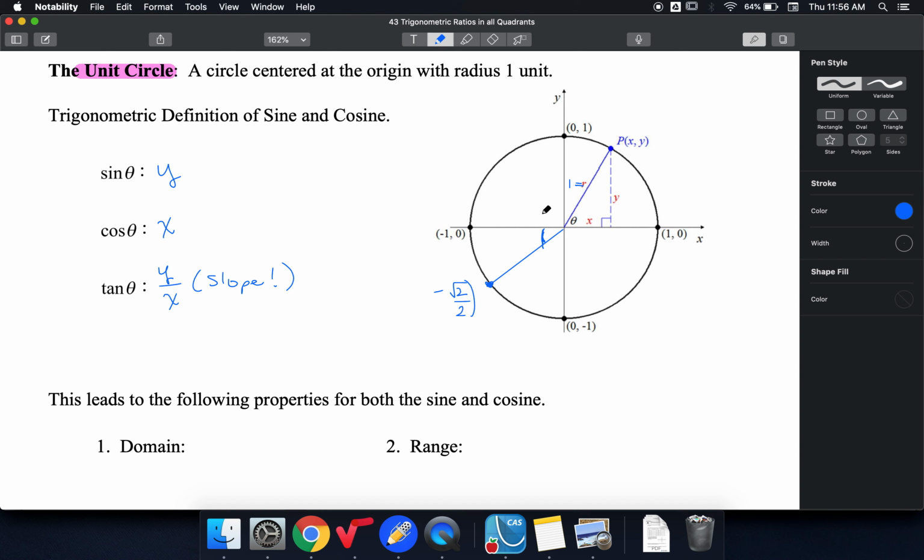Cosine of 5 pi over 4 is also going to be negative because I'm in quadrant 3, but it's going to be the same as my reference angle of pi over 4, so I'm going to get negative root 2 over 2. So these coordinates on the circle also give me the cosine and sine value for the corresponding angle.